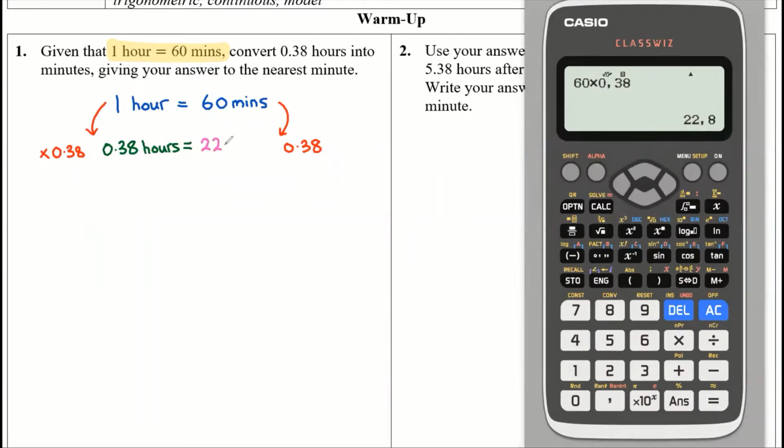So it's 22.8 minutes. Now, this is where you don't get too excited, and I've just realized I forgot to put the multiplication sign on, so it looks a bit odd. We have to give our answer to the nearest minute. So this is approximately equal to, if we round it to the nearest minute, 23 minutes. Okay, so that's the answer to that one.